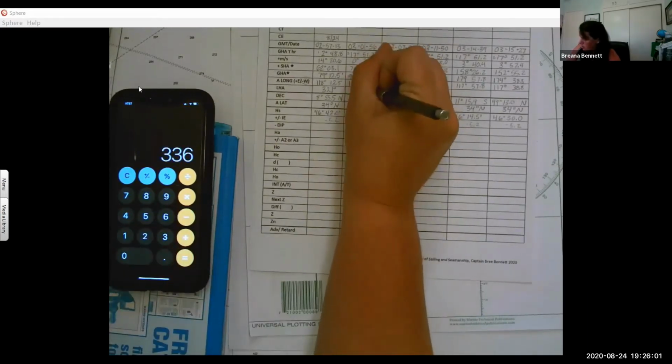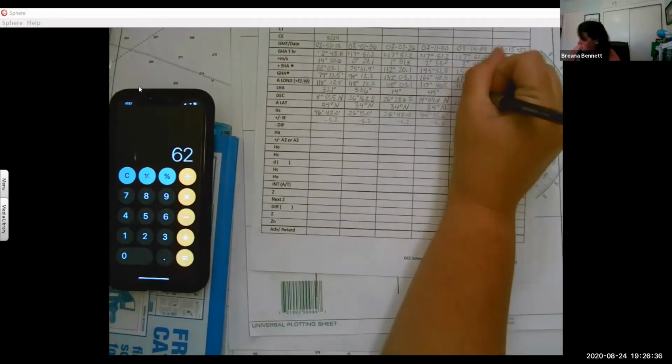Our 94 plus 360 minus 118 gives us 336. 132 minus 118 gives us 14. 117 minus, 166 minus 117 gives us 49. 179 minus 117 gives us 62. 174 minus 117 gives us 57. Okay.